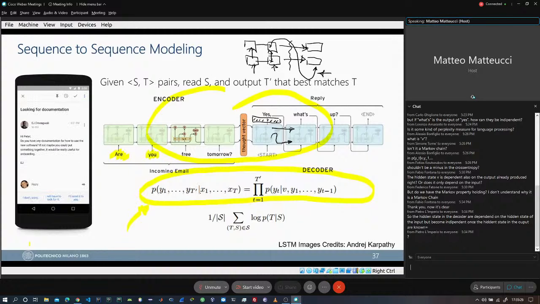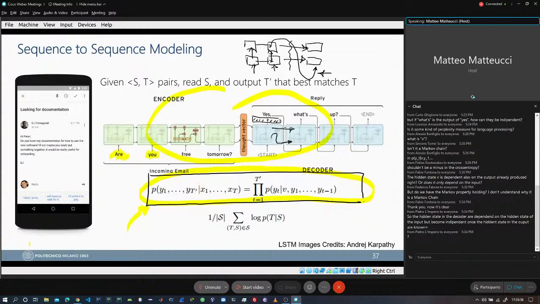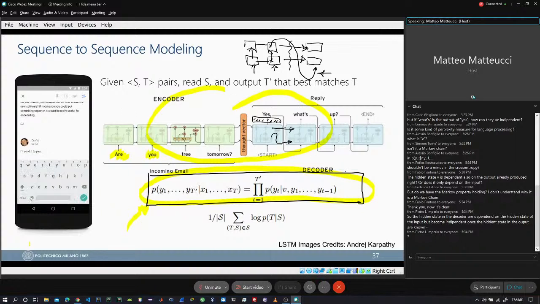The question: the hidden states in the decoder depend on the hidden state of the input, but become independent once the hidden states in the output are known. No. Don't confuse the assumption you make about how to compute the likelihood of a sentence with the assumptions which are in the model.